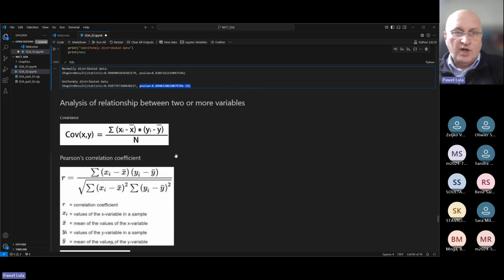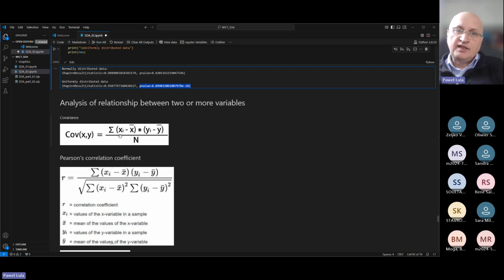The first way which we can use is based on covariance value. It is a measure which we can use for describing relationships between values of two variables. It is the sum of these products.